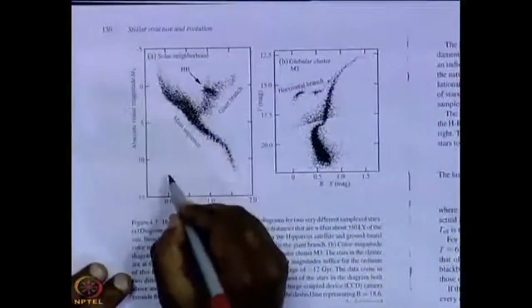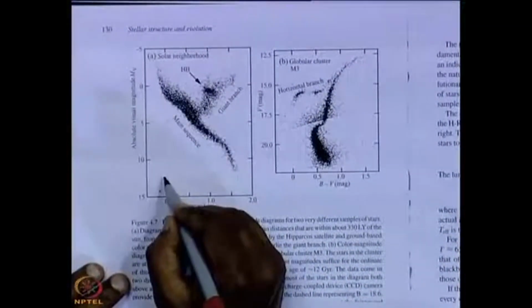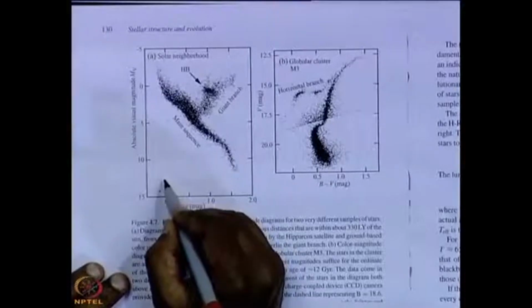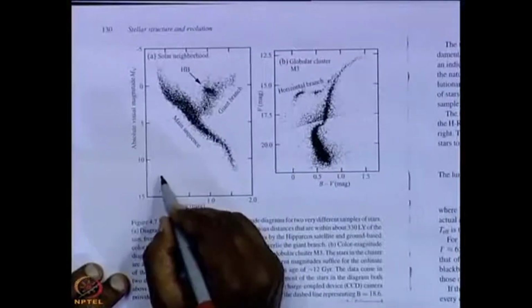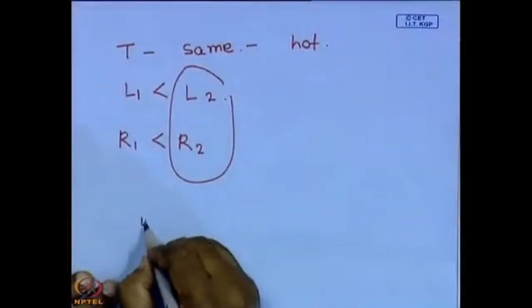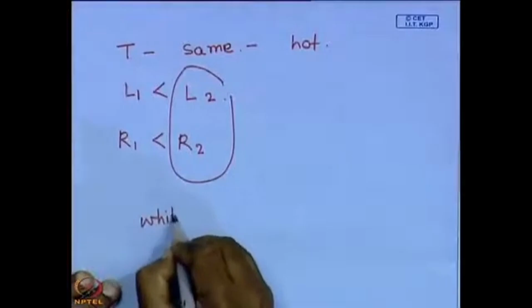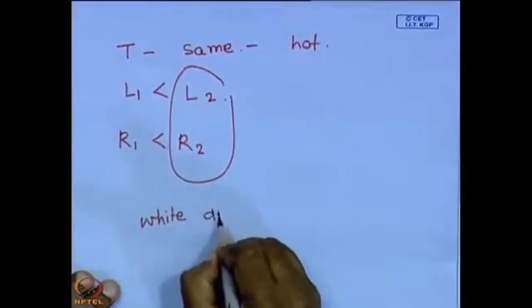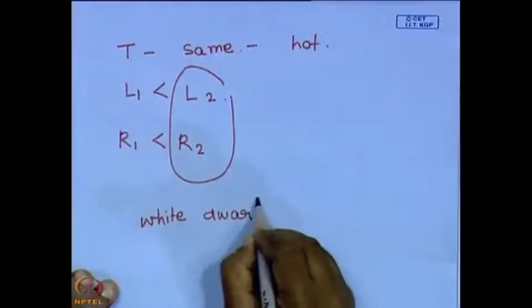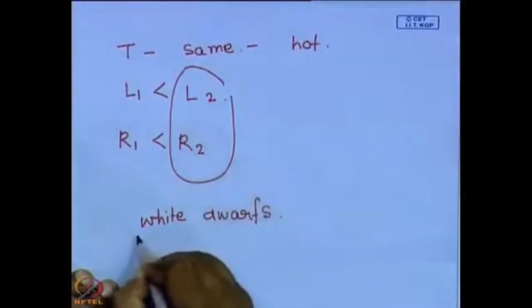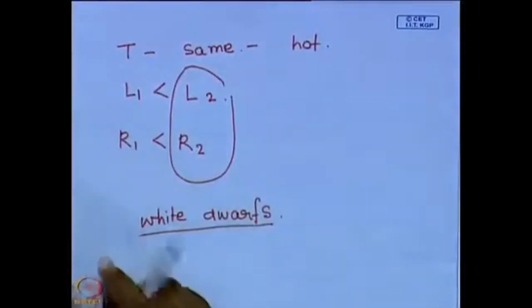Okay, so it does turn out that you do get some stars like this in this part of the HR diagram of the main sequence. So these stars are called white dwarfs. So now you start to appreciate the utility of this HR diagram.